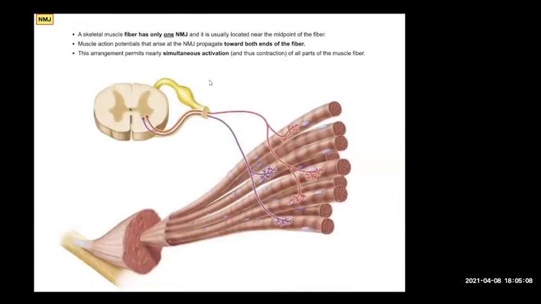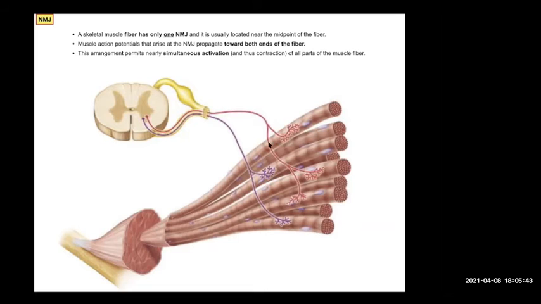One more thing. A skeletal muscle fiber, this single muscle cell, has one single neuromuscular junction, usually along the midpoint of it. Okay. If you think of the longest muscle of your body, which is your sartorius, that strap-like muscle that goes over the front of your thigh from your lateral to your medial side, that could be over 2 feet in some people.